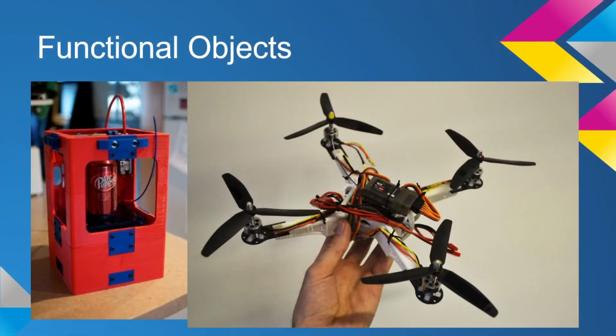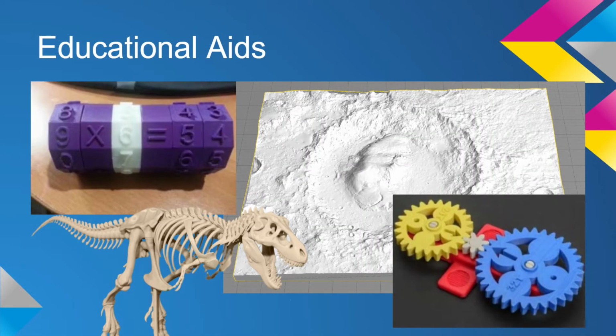So let's see, moving on. It's also great for educational aids. With 3D printing being hyper specific, you can design things that specifically apply to particular units in a classroom. We've got some math manipulatives, and a manipulative with gears that helps explain gear ratios. We've got a dinosaur skeleton that gives you a better understanding of those.